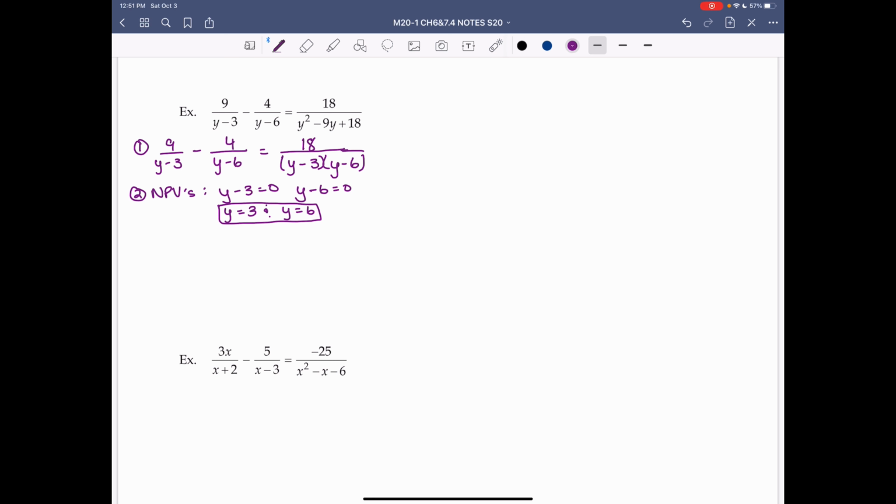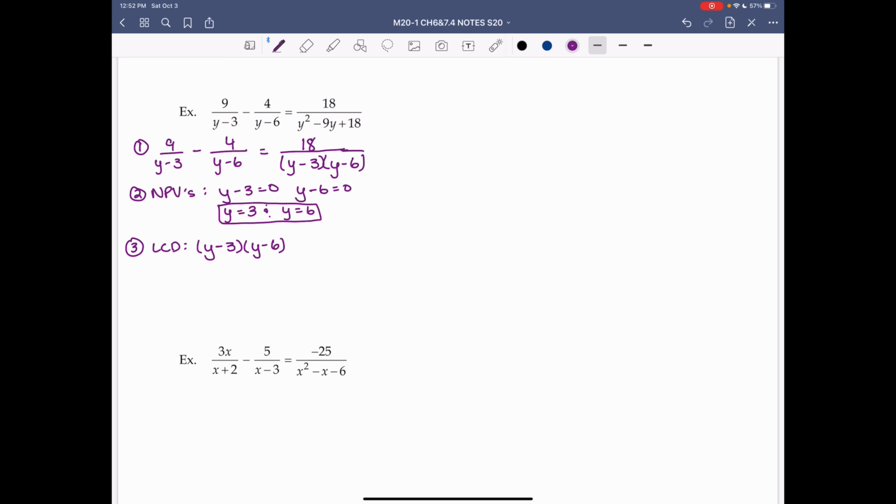Step 3, multiply the lowest common denominator to each of our fractions. Our lowest common denominator would be our two factors that are in our denominators, y minus 3 and y minus 6.